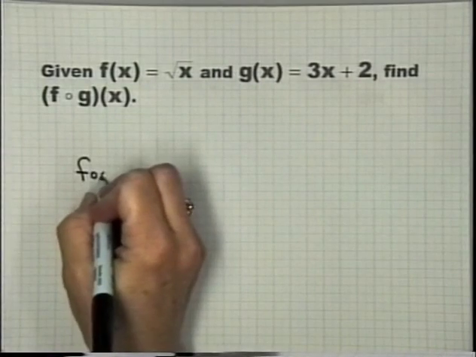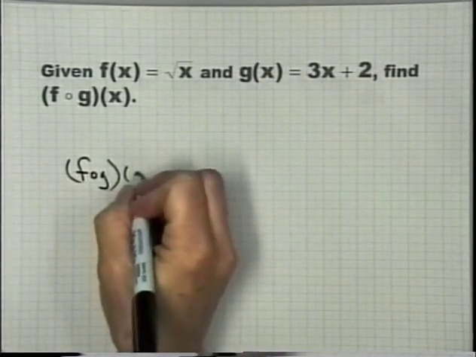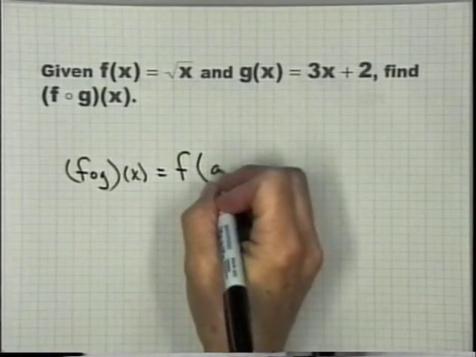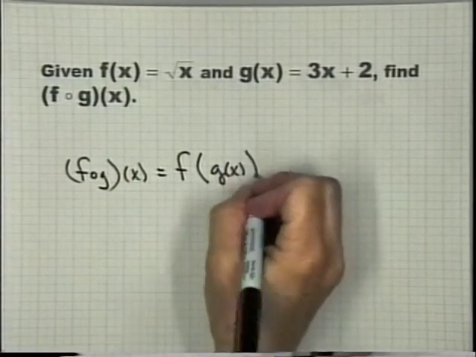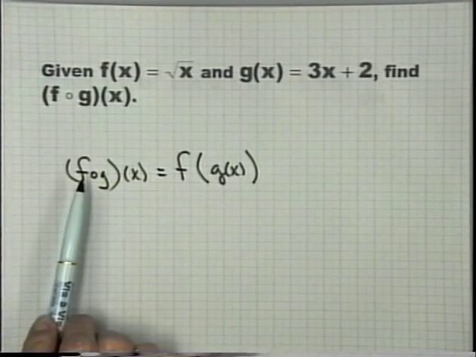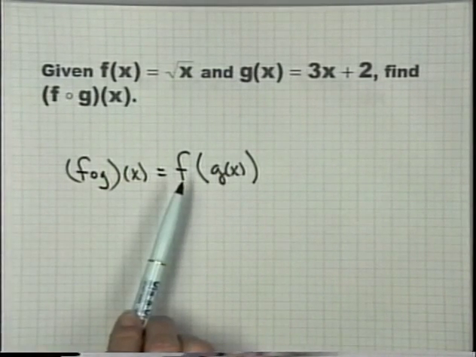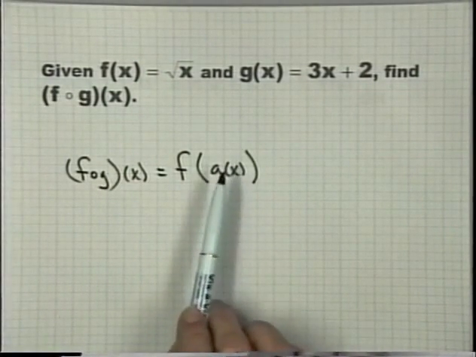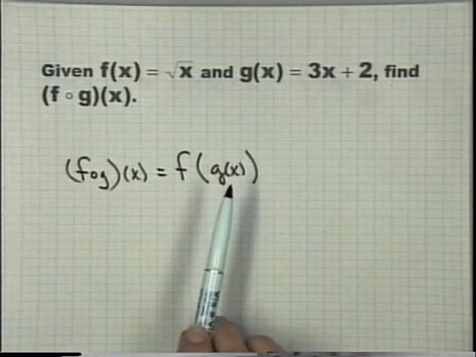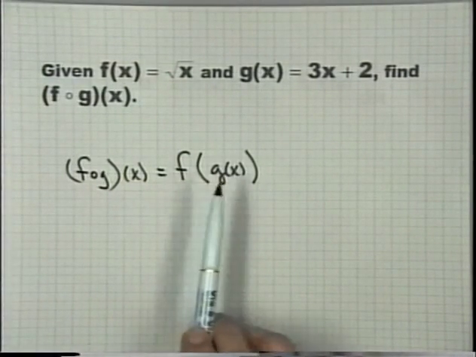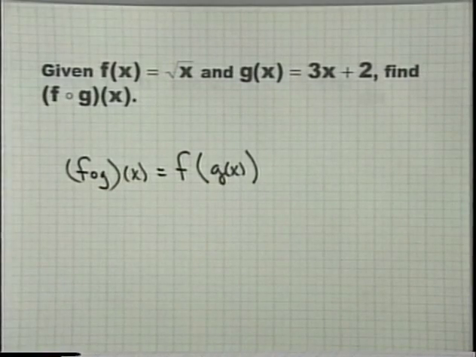Okay, so f circle g of x, as I said, means f of the quantity g of x. One thing I like to remind students in this order, f is the function on the outside, and notice it remains on the outside. G is the function on the inside, and g becomes the inside function here. I say that because recall, if you see g circle f, this is reversed, g of f of x, and you get a different solution.